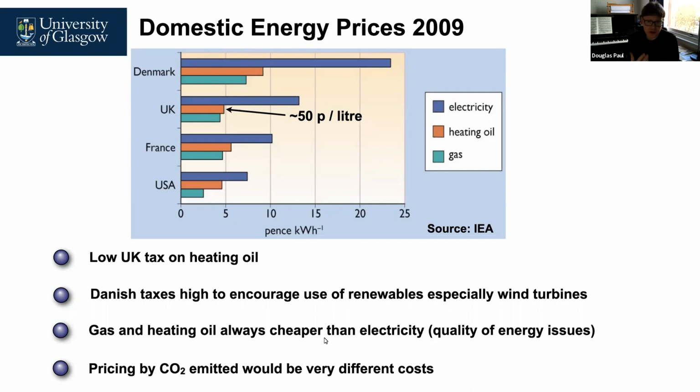Now, this is not the costs that consumers would have if we ended up pricing by the CO2 that was emitted by the different sources. And if we did that, we'd end up with very different costs. So these are all historical costs from 2009, and it at least sets a point before many of the new changes that are starting to happen in different countries for climate change have been implemented.